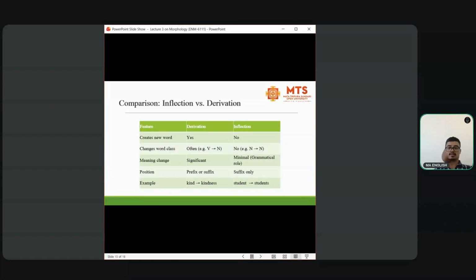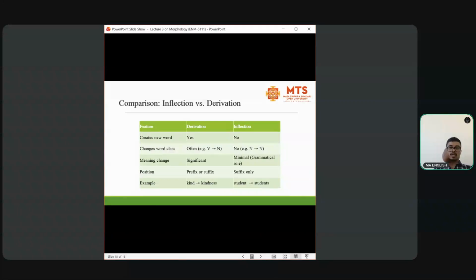And in inflection, singular student becomes plural students by adding the plural marker s. So in derivation, you can see kindness, and in inflection, students.